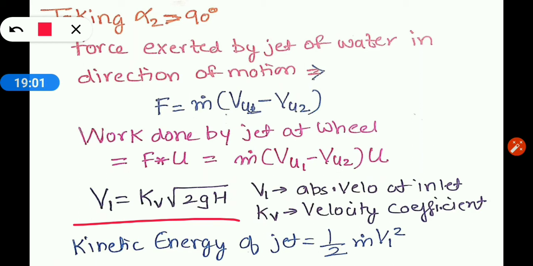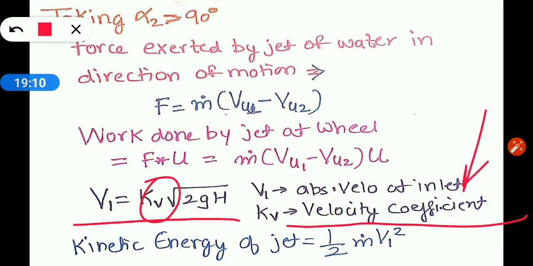So V1 is Kv into root 2gh. Kv is called the velocity coefficient. It accounts for the losses taking place in the nozzle. And h is the net head available across the turbine.